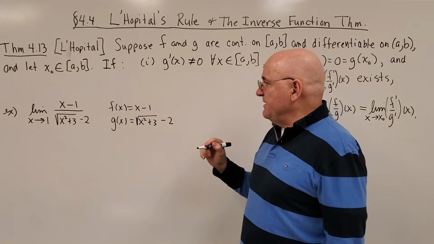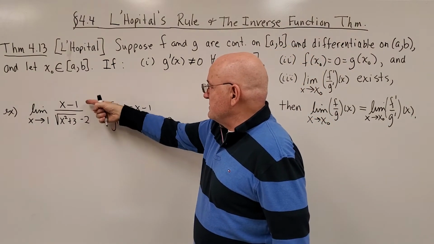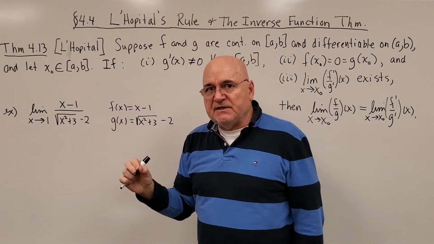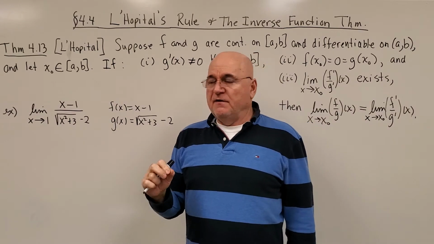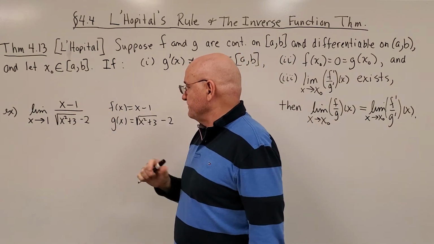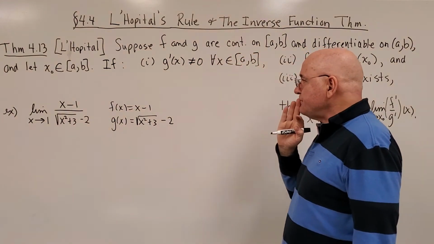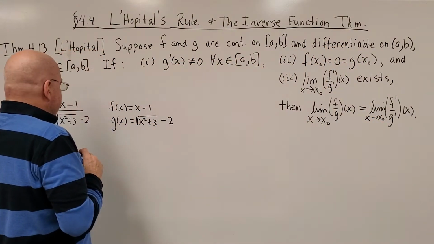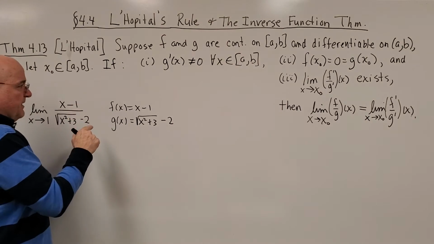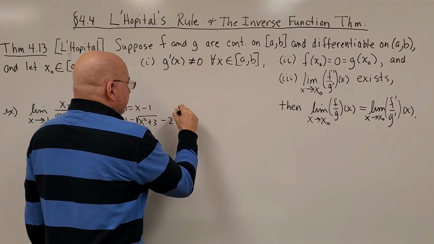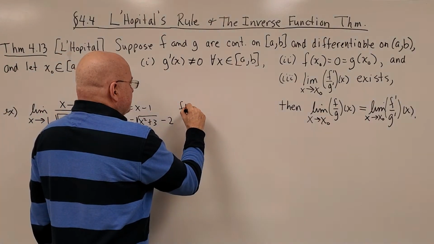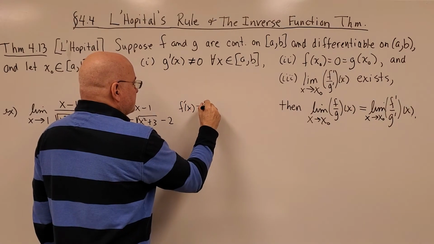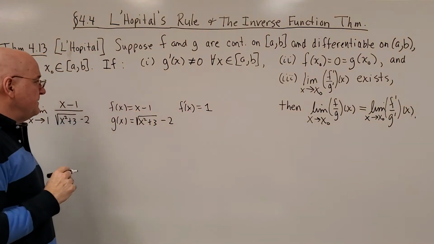And by the way, I should have mentioned that both of these functions are continuous and differentiable for all values of x, the entire real line. Okay, well, let's see. Since the limit would be a 0 over 0, let's take the derivative of each function. f prime of x is just the constant function 1.